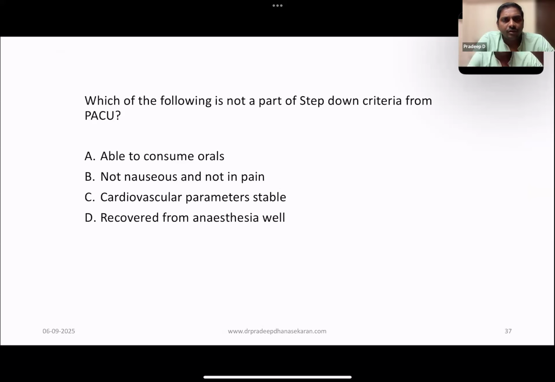Which of the following is not a part of step-down criteria from PACU? PACU is nothing but the post-anesthesia care unit.